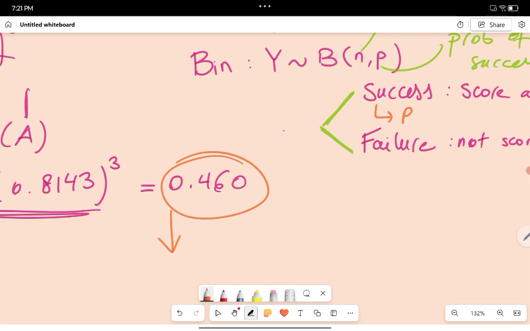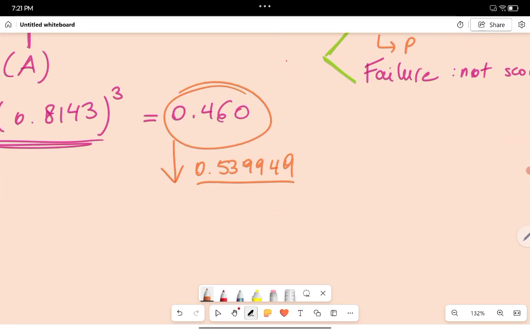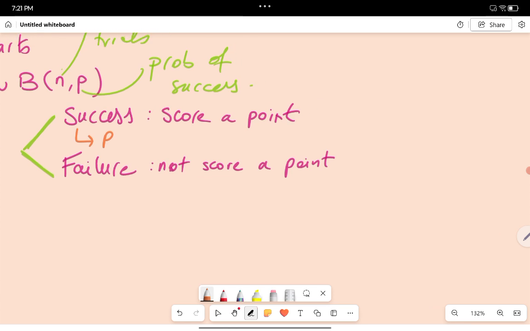That will be 1 minus that value. So that will be 0.539949. This is the probability of scoring a point, because this was not scoring a point. Okay, so we found our probability of success.